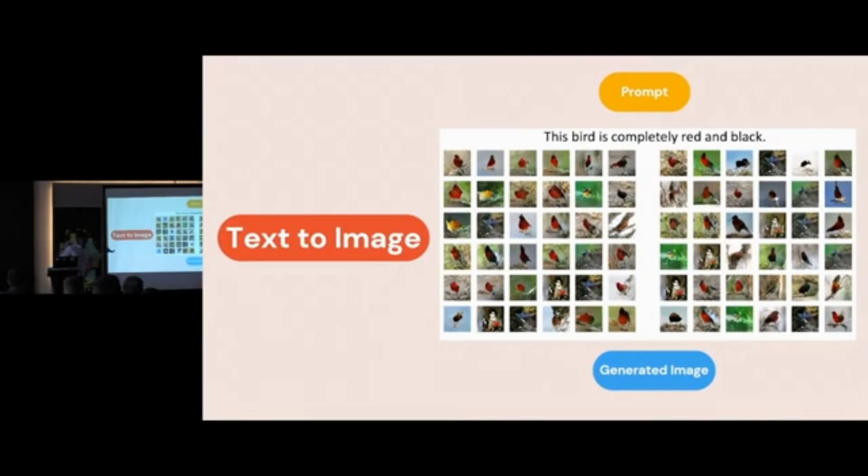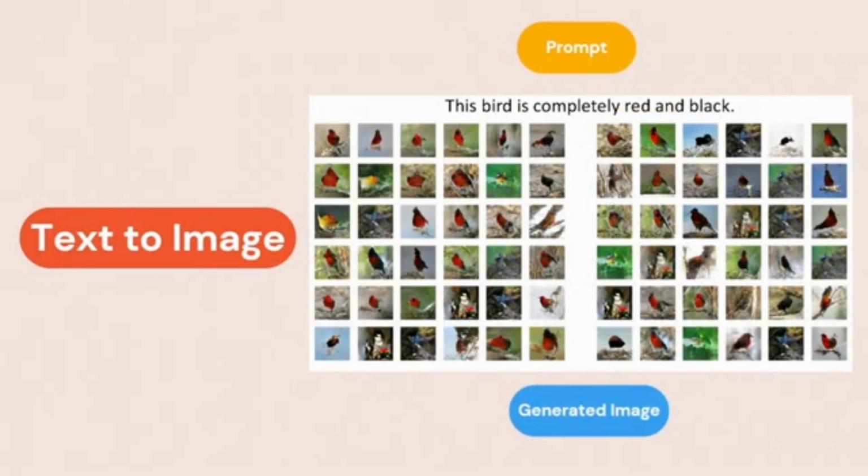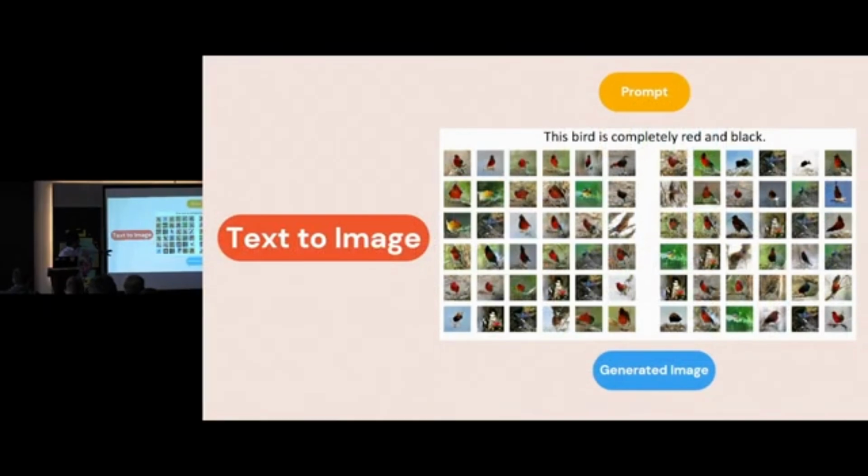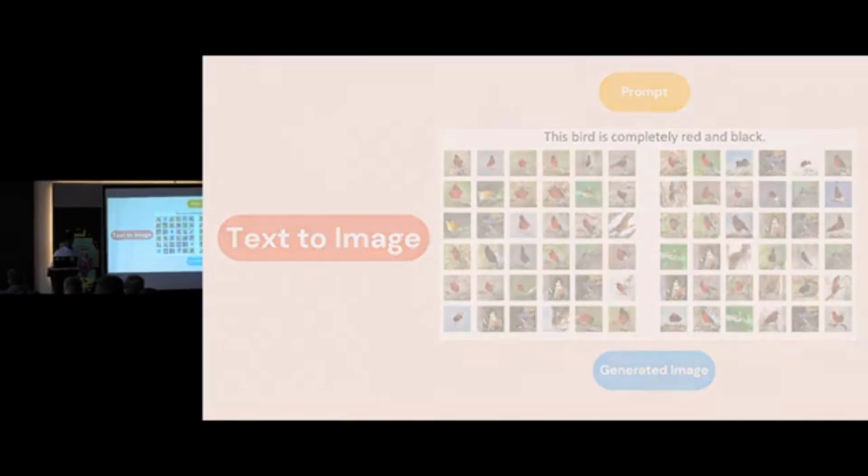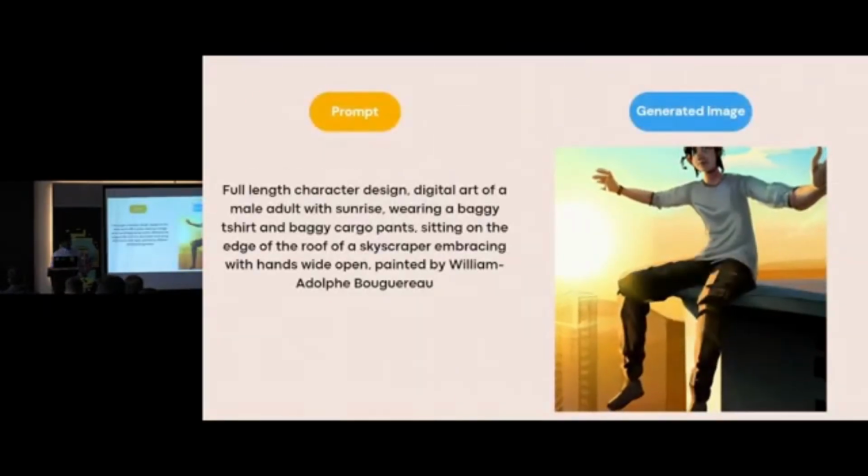This is not that fascinating, but this was one of the oldest things to exist. This is a GAN, which I will be talking about. It's a generative adversarial network, and here you see this bird is completely red and black. This is just a given prompt, and it gives an image like this, but it's not that good. It is not very detailed, and where we have come now is here.